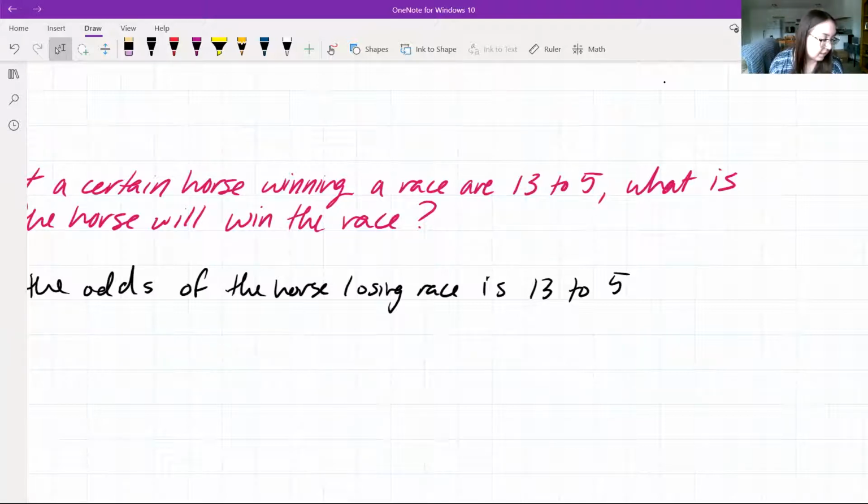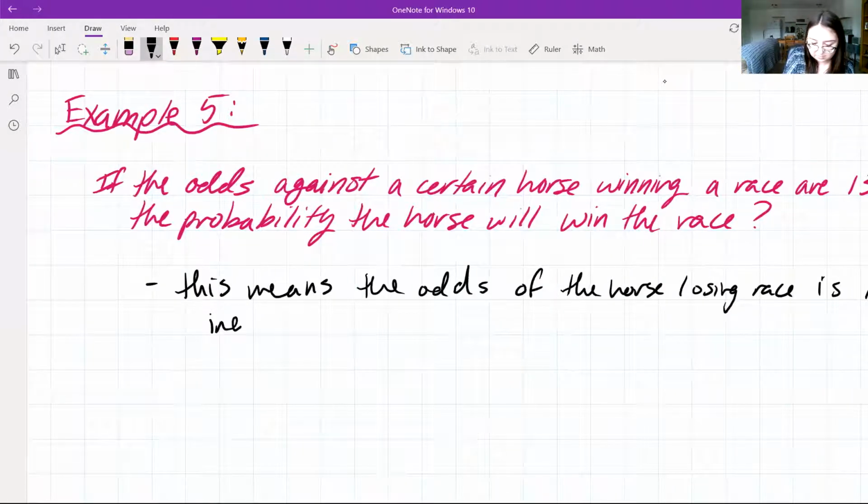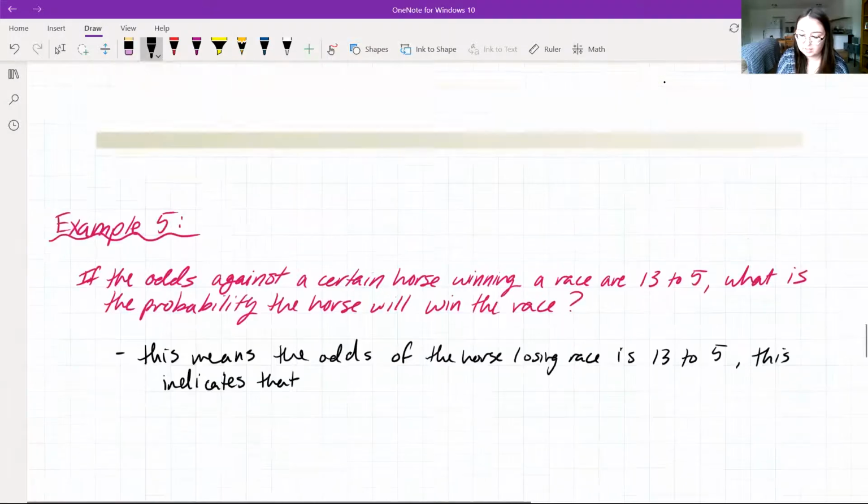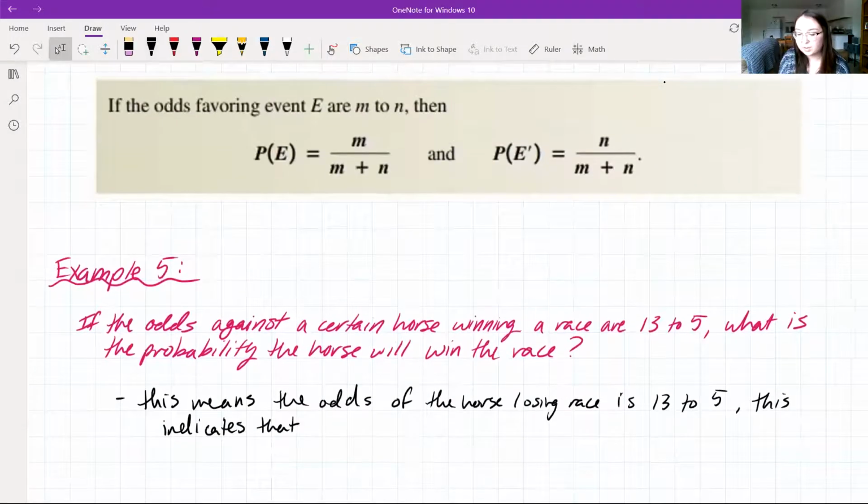So this indicates that, and let's assign these values.